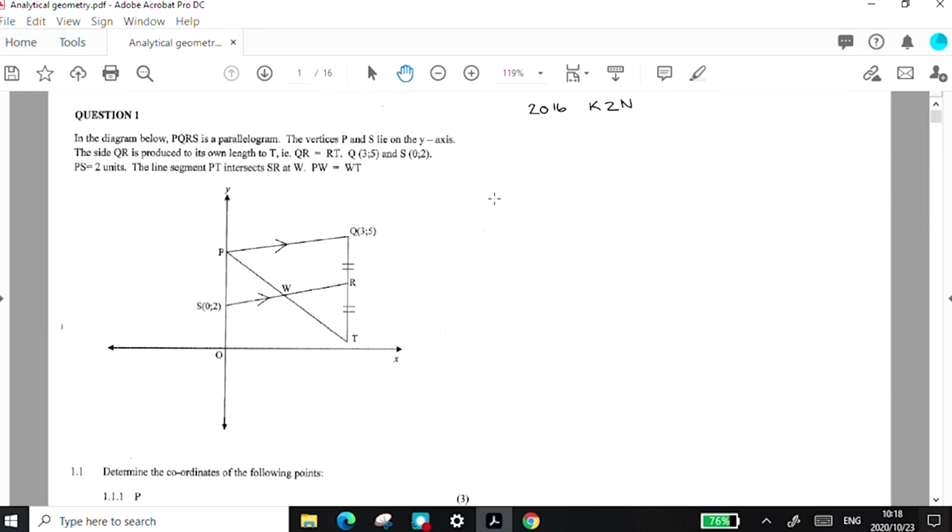The point Q is (3; 5), and point S is where x equals 0 and y equals 2, and the length of PS is equal to 2 units. The line segment PT intersects SR at W. PW is equal to WT.